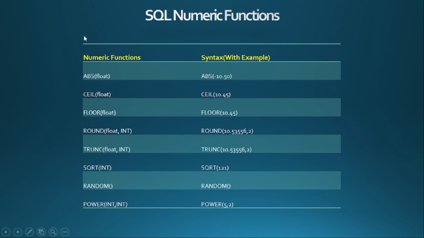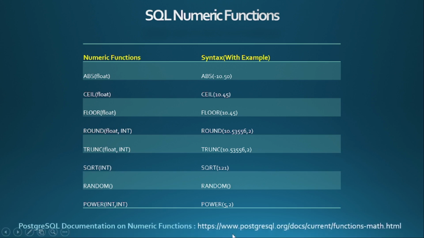I'll be covering all these numeric functions with syntax, and we can also see the practical. There are many more numeric functions in the PostgreSQL documentation, and from there you can practice more. Without wasting further time, we will jump into the practical session.